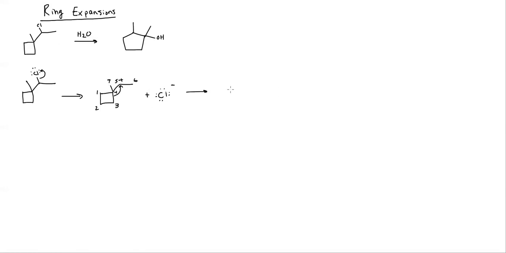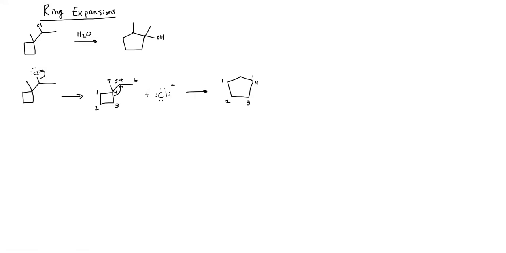So now I'm going to draw my 5-member ring, and hopefully we can kind of see where everything has gone now that I've numbered the carbons, all right? It's a bad drawing. Let's try again. Beautiful. Okay, so this is 1, this is 2, this is 3, and then we have carbon number 4, which is going to be here, right?